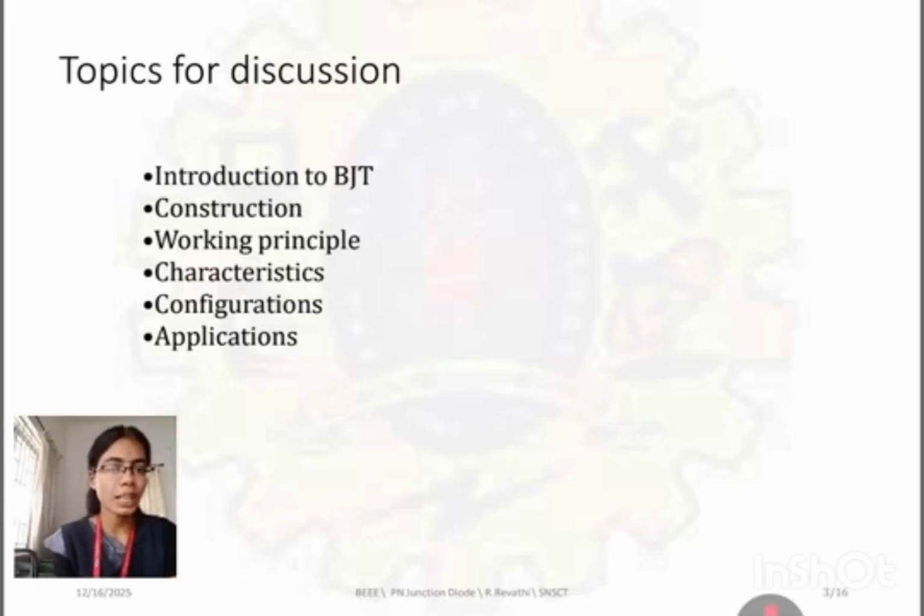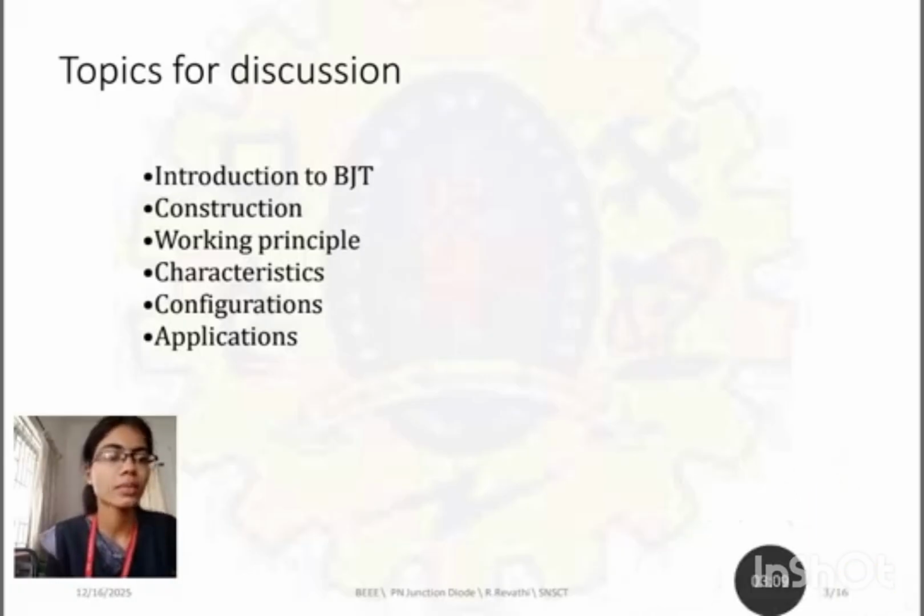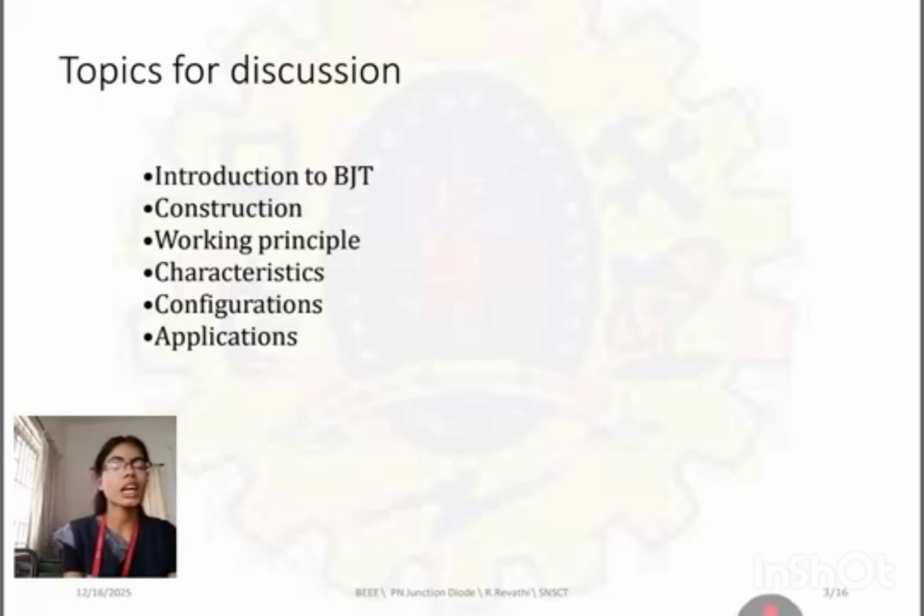In an NPN transistor, N acts as the two side layers and the middle layer is P-type. In a PNP transistor, N acts as the middle layer and P acts as the side layers. The three terminals are base, collector and emitter.